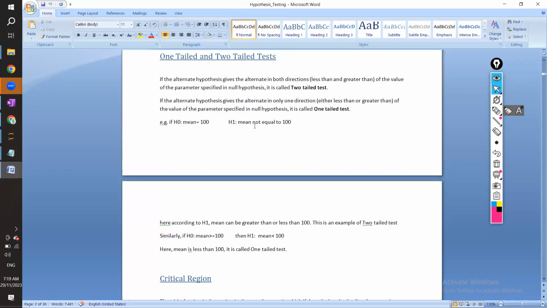For example, if the null is saying 100, alternate is saying not equal to 100, that is one-tailed. That means null is saying equal to 100, alternate is saying not equal to 100. Simple. Why it is called one-tailed, we'll see with an example within 2 minutes.